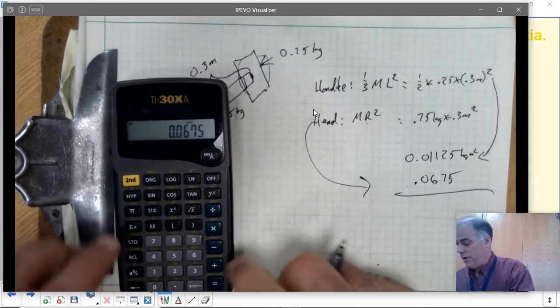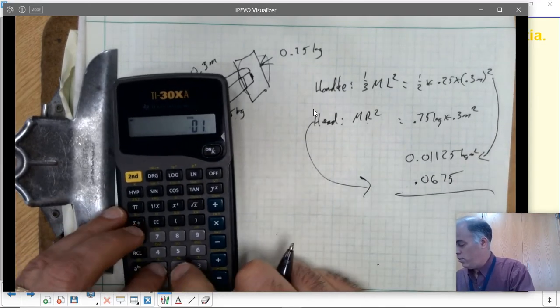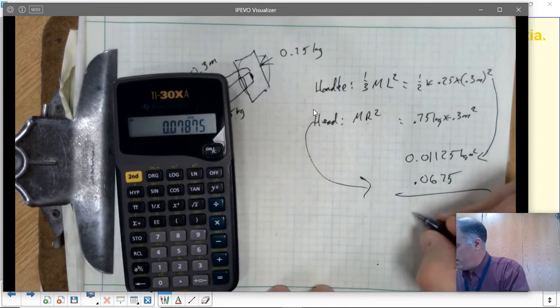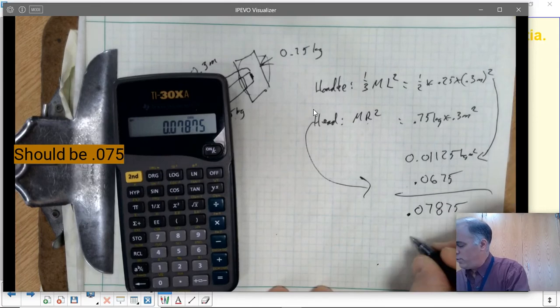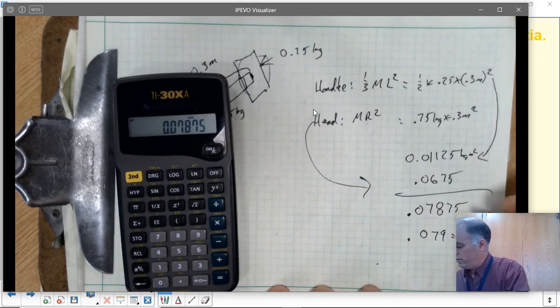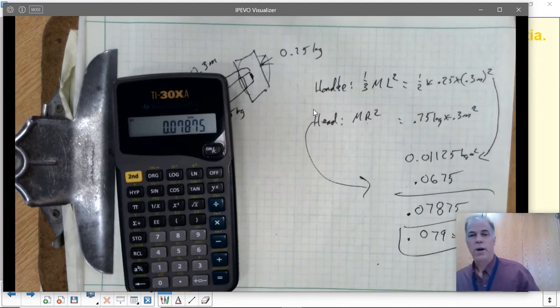And we just add them together, plus 0.01125, and we wind up with 0.07875, which we can probably round off to 0.079, is equal to the moment of inertia for the hammer.